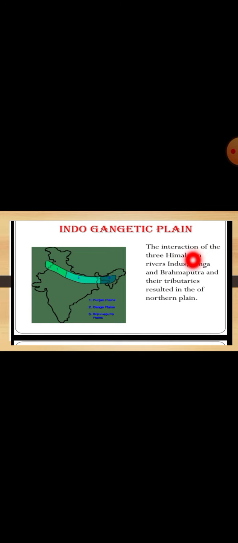The interaction of the three Himalayan rivers, Indus, Ganga and Brahmaputra, and their tributaries resulted in the formation of the northern plains. So, this is the Ganga river. This is the area of Indus and its tributaries, this is the area of Ganga and its tributaries, and this is the area of Brahmaputra and its tributaries.